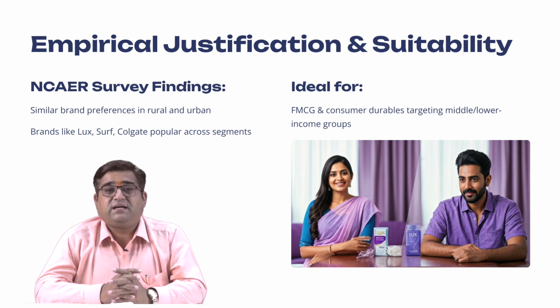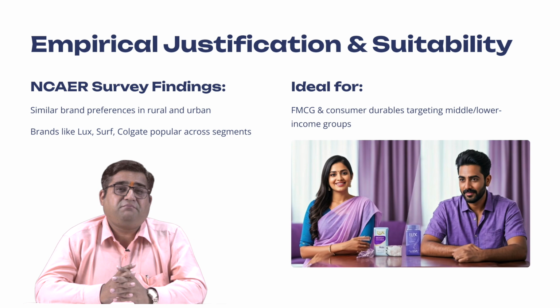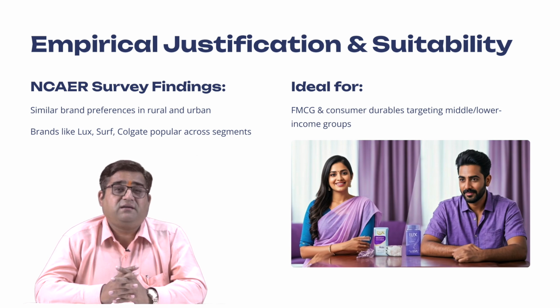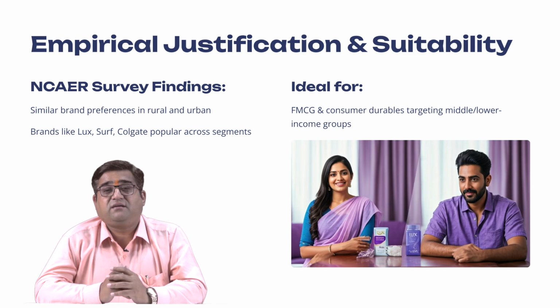These companies target middle and lower income segments in both the markets using the same core message, product line and distribution plan. Instead of creating separate campaigns for rural areas, they focus on efficient distribution and mass communication. The key here is to manage scale without significantly increasing the cost.